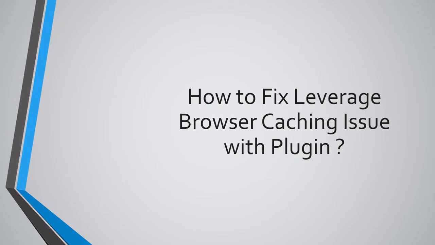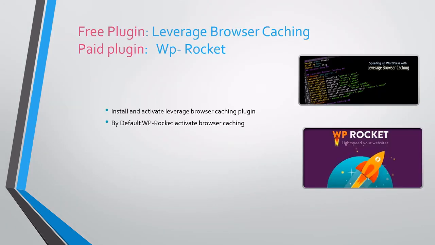Now let us see how to fix the leverage browser caching issue with a plugin. I have provided two options, both a paid and a free one. Leverage Browser Caching is a free plugin and you can simply install and activate it.